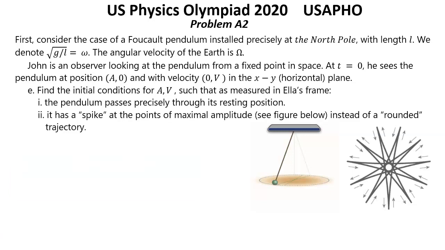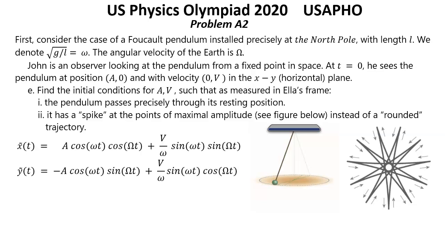Question E. Find the initial conditions for A and v such that, as measured in L's frame, the pendulum passes precisely through its resting position. Solution for part 1. If we take the equations for L's coordinates, we have these two equations.